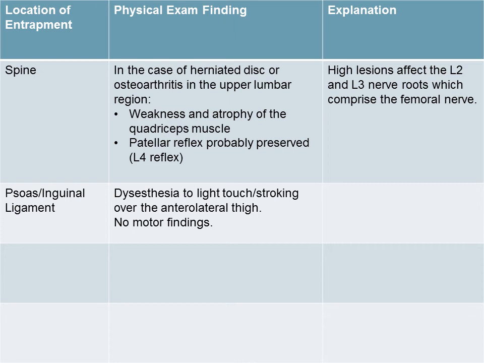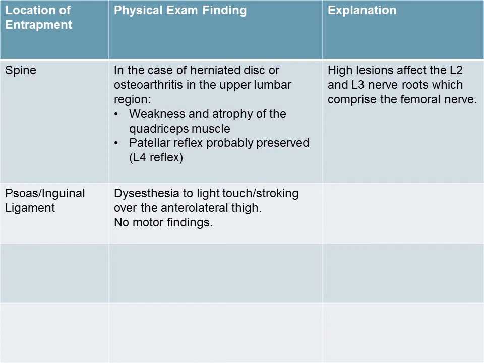Well, in the case of a herniated disc or osteoarthritis of the upper lumbar spine, or anything that affects the L2 or L3 nerve root level, we may see weakness and atrophy of the quadricep muscle. And the reason we may see this is because high lesions affect the L2 and/or L3 nerve roots.